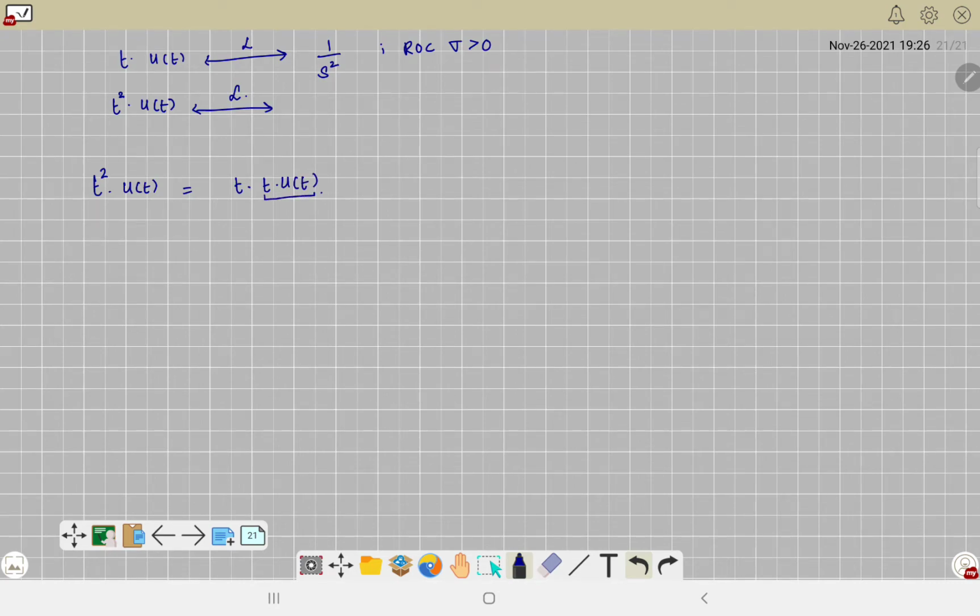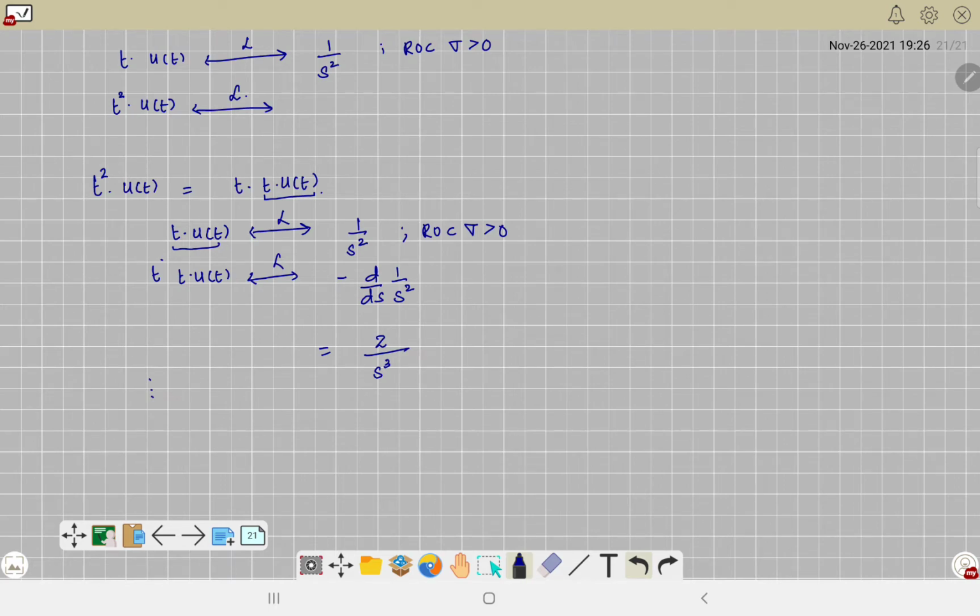Now again I can use the same property, since we know the Laplace transform of t into u of t is 1 upon s square with the region of convergence sigma greater than 0. So if I have to find t into this function, it will be minus d by ds of 1 by s square. And when you compute this derivative, it will be 2 divided by s raised power 3.